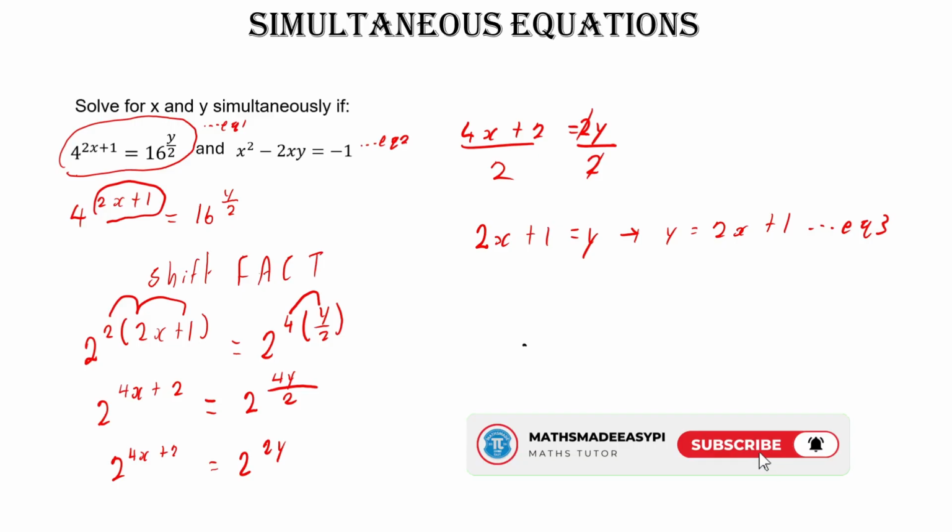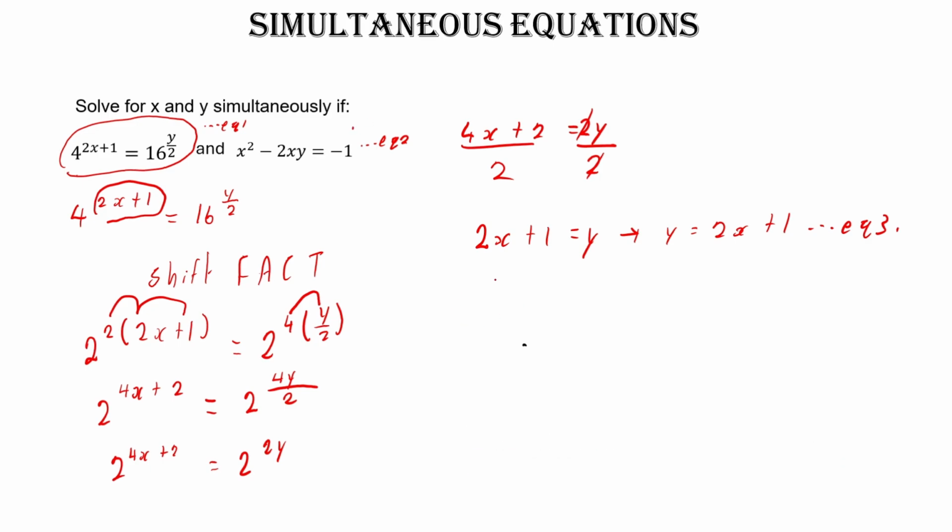Now we simplified it, we can substitute this equation into equation 2. So, substitute equation 3 into equation 2. Wherever we see y, we substitute 2x plus 1. So that's going to be x squared minus 2x into my 2x plus 1, is equal to negative 1.